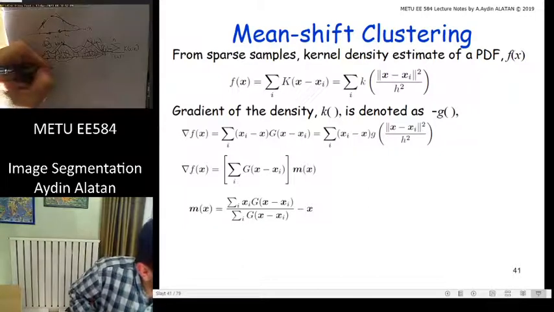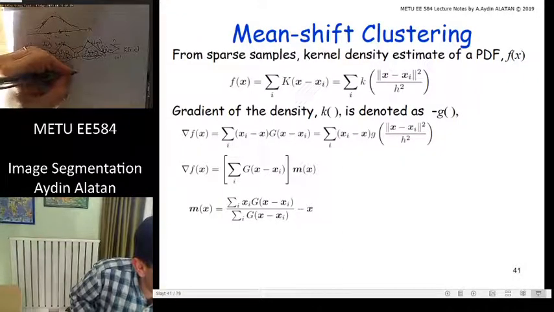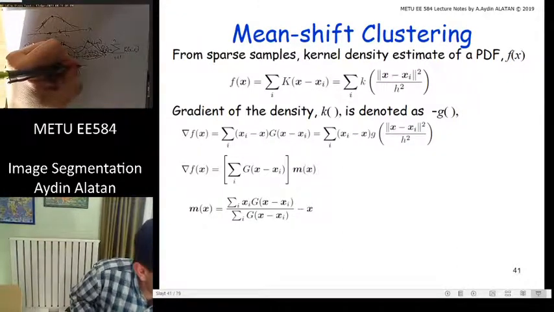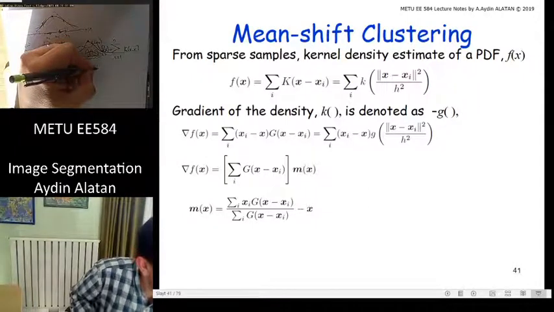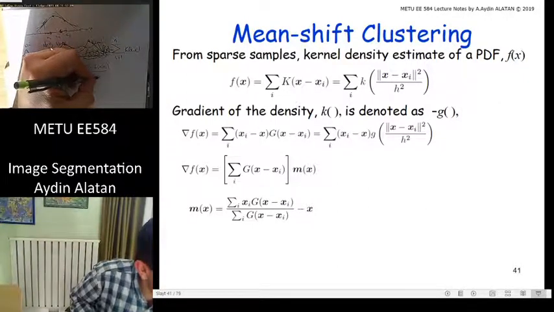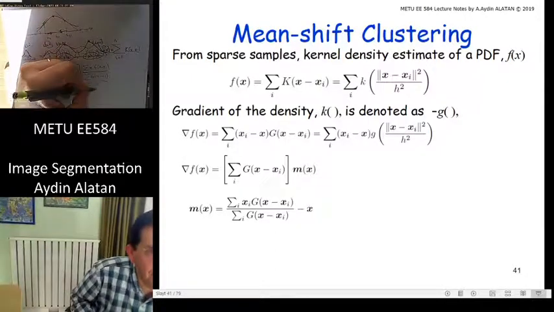This is like your derivative x minus xi. And let's write the m function here: the sum of xi g of x minus xi, divided by the summation of this thing. This is your m.